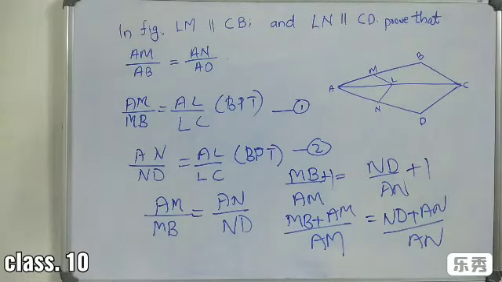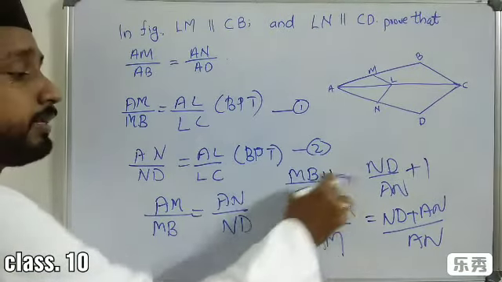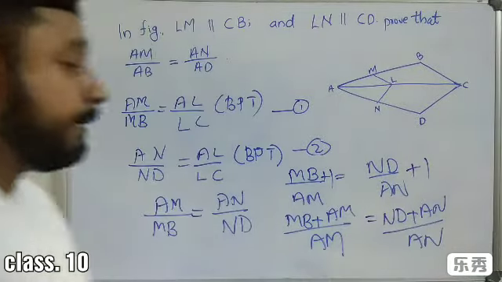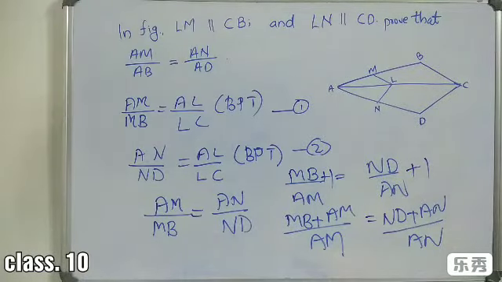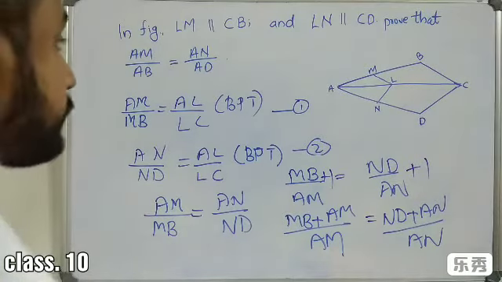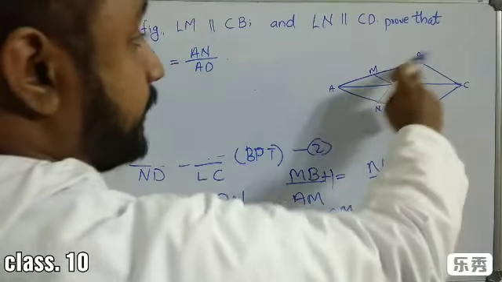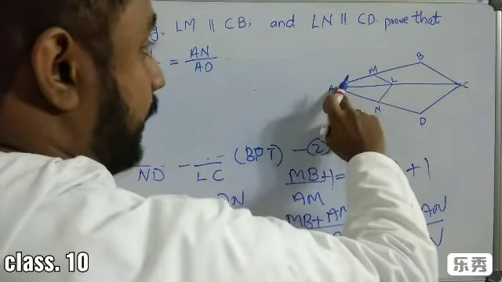So MB plus AM by AM is equal to ND plus AN by AN.